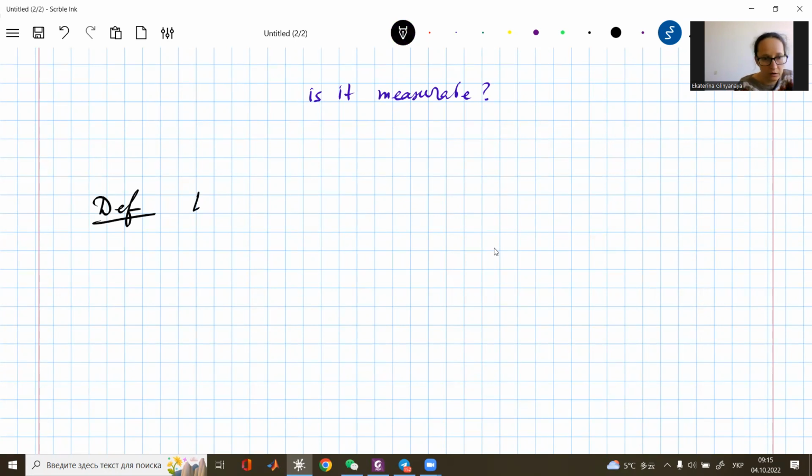So let us start from the space where our points will live. I have some space X with a sigma field on it, a measurable space.